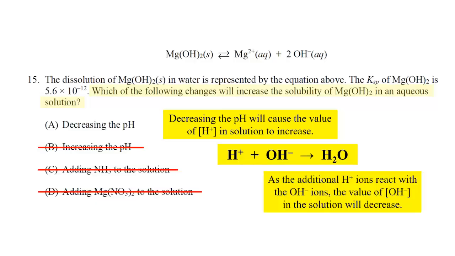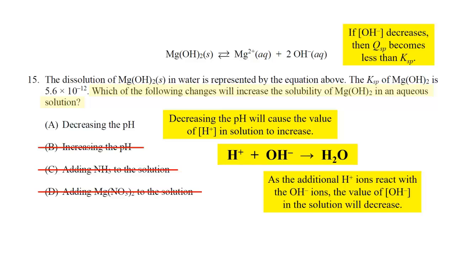So as the additional H plus ions from the acid react with the hydroxide ions in the magnesium hydroxide equilibrium, the value of the concentration of the hydroxide ion actually decreases. Now, Q becomes less than K. So QSP becomes less than KSP.